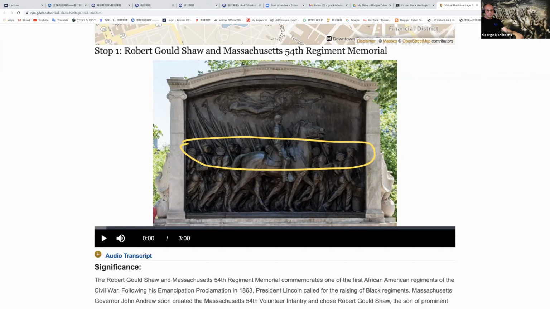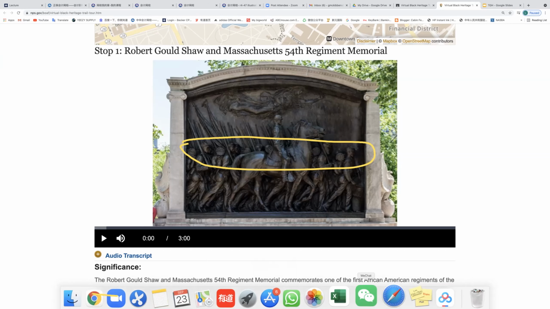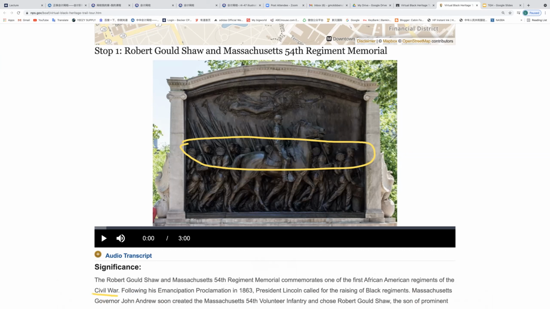I saw, because after Shaw and many of these men died, they helped. Okay, Civil War, right. I think that it was a movement here in Massachusetts that helped.